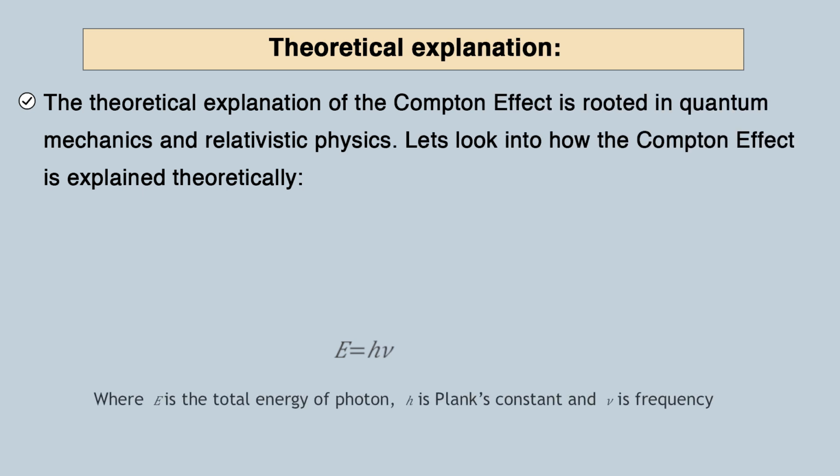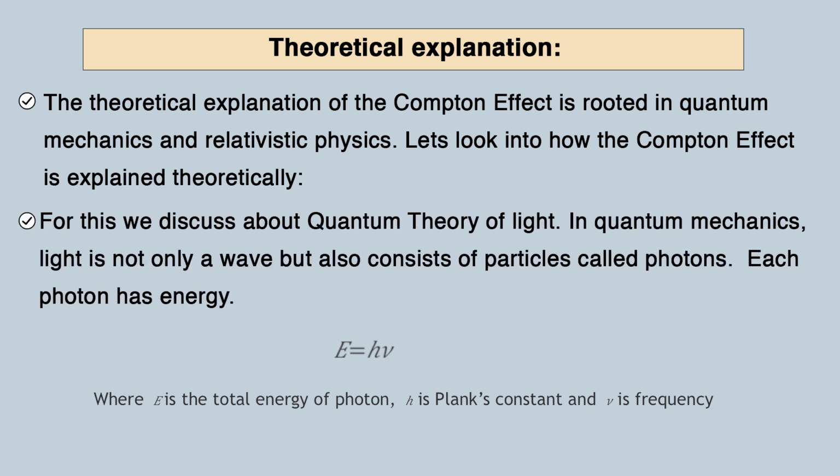The theoretical explanation of the Compton effect is rooted in quantum mechanics and relativistic physics. Let's look into how the Compton effect is explained theoretically. For this we discuss the quantum theory of light. In quantum mechanics, light is not only a wave but also consists of particles called photons.